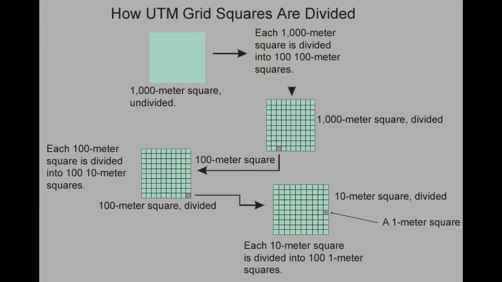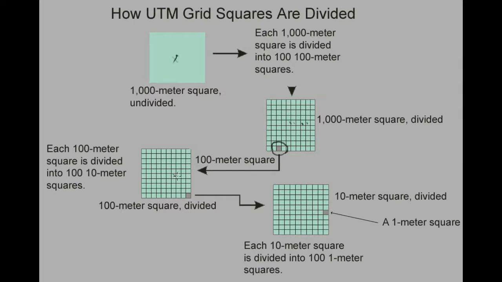Okay, so now we'll look at a 1,000 meter square and see how it is divided. Each 1,000 meter square is divided into 100 100 meter squares. So each of these little squares is 100 by 100 meters. If we zoom in on one of these little 100 meter squares, it is divided into 100 10 meter squares.